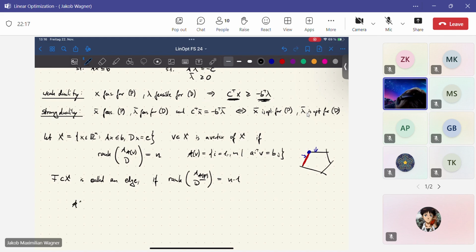So this A of F is the intersection of all active sets of points x, well, these x's are taken from F.